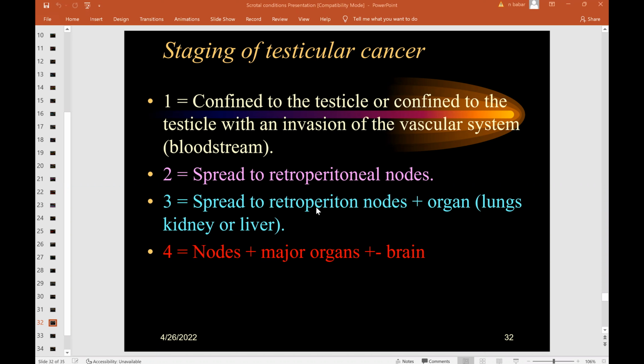Stage 3, when it spreads to the retroperitoneal nodes plus an organ such as lungs or kidneys or liver. Stage 4 of non-seminomas will go from nodes to major organs to even brain.